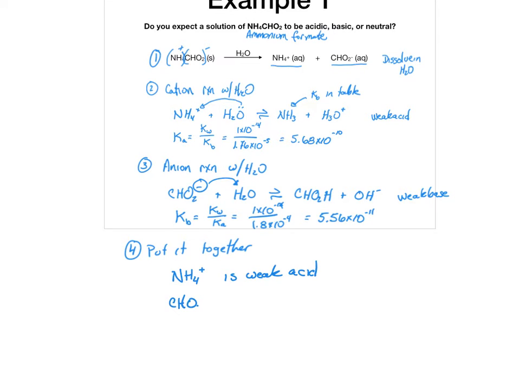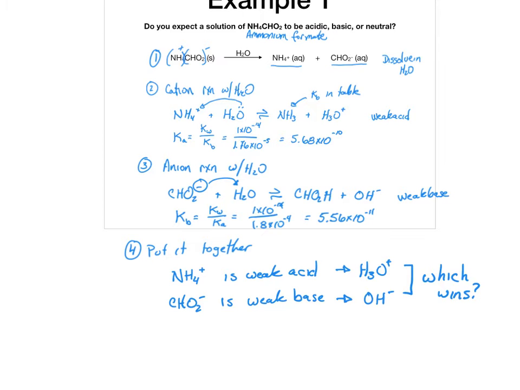The formate ion, CHO2 minus, is a weak base. That means that the ammonium is producing H3O plus, and the formate is producing OH minus. And the question becomes, which wins? Which one produces more?